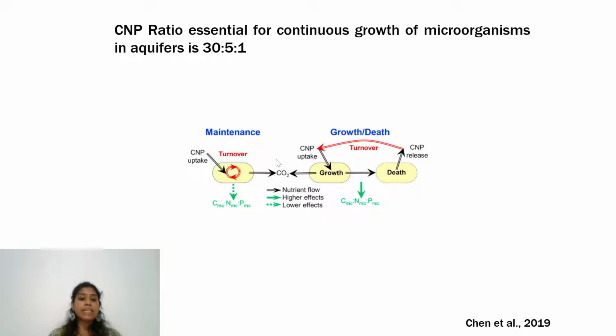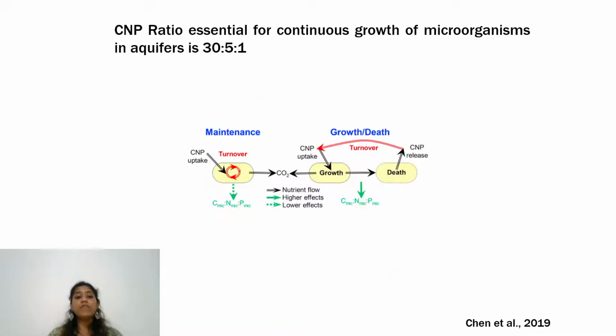And this CNP is what will determine whether the growth is maintained, whether they are growing or whether they are dying. And this CNP uptake and release can be continuously monitored so that the source can be enriched with the nutrients required for the microorganisms to thrive in that process. This just gives us an overview of how CNP is turned over during the microbial growth and death and maintenance of the growth itself.